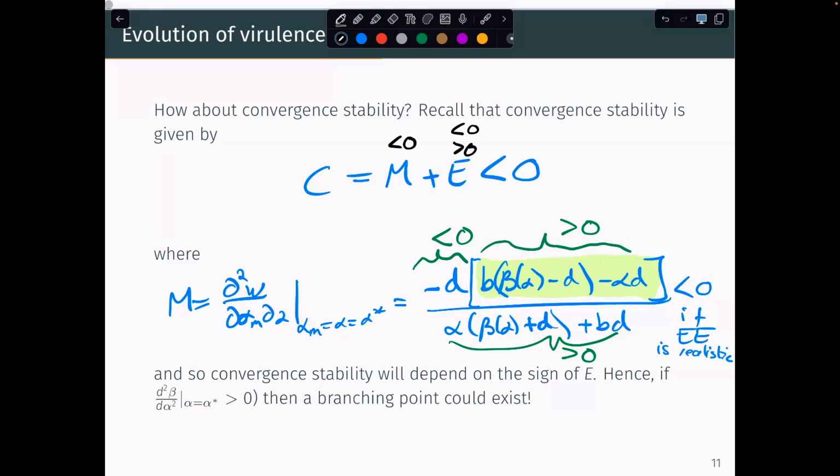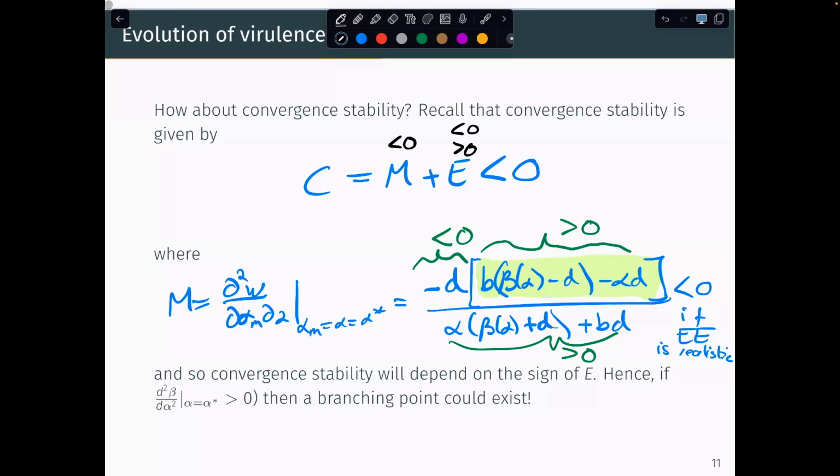If the curvature of our trade-off is negative, then it's going to be convergent stable and evolutionarily stable automatically, right? Because M is negative as well. But it's possible, depending on the relative magnitudes of M and E, that it might be convergent stable if M has a higher absolute value, a higher magnitude, than E. It could be convergent stable, but evolutionarily unstable.